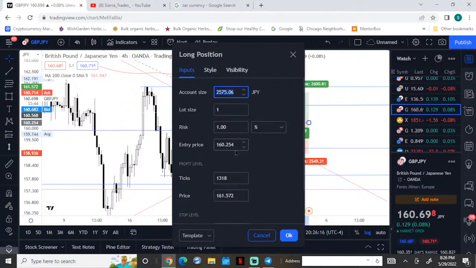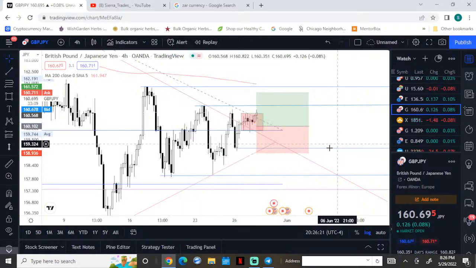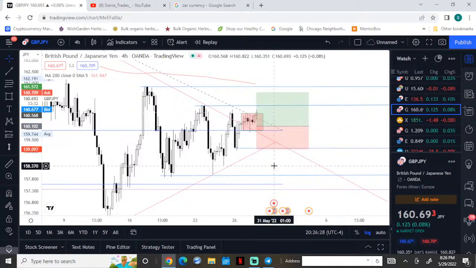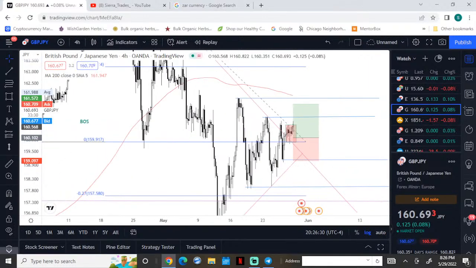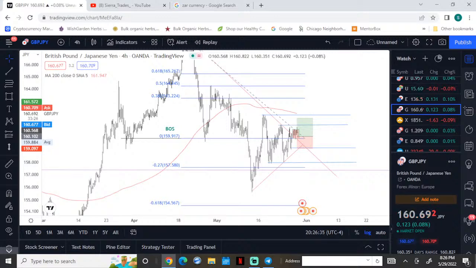Just do this. I'm gonna do 100 pip stop loss just because this is GJ. I am. Let me see.